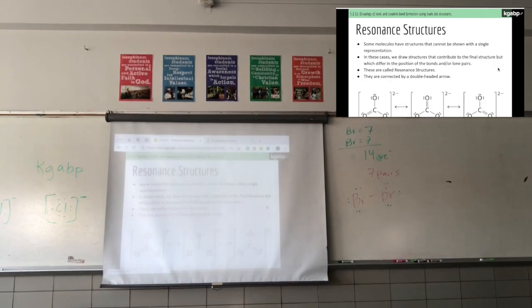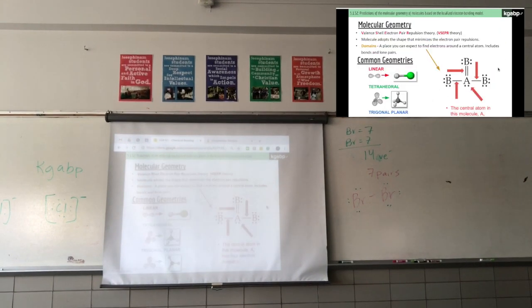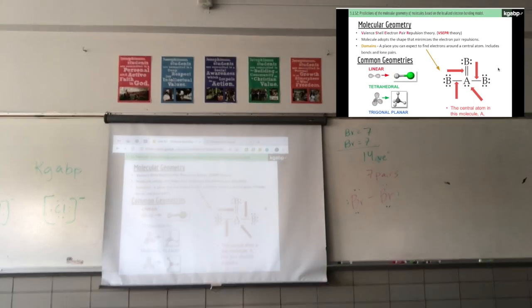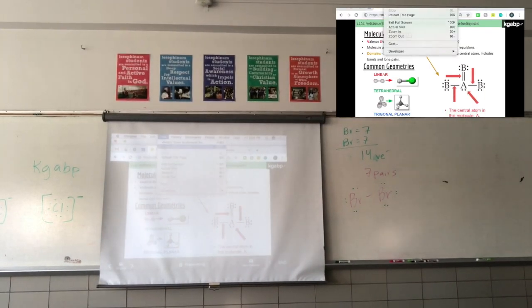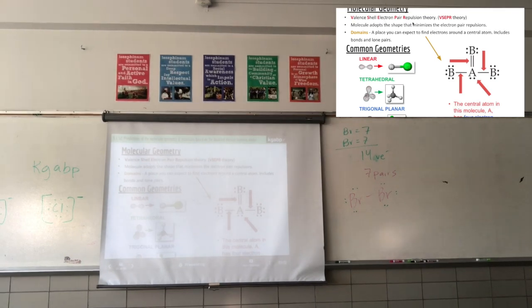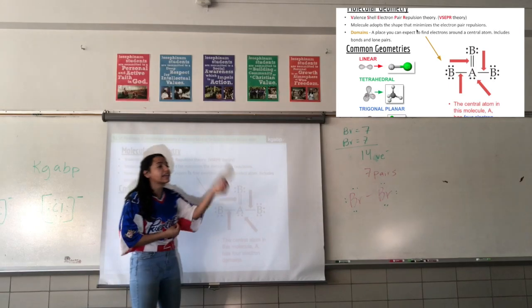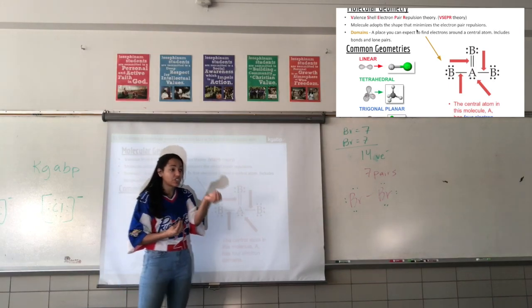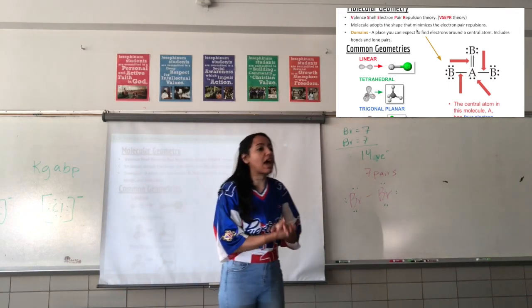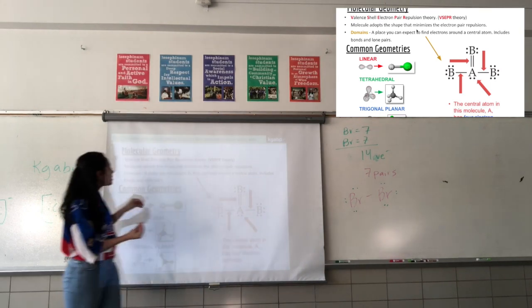All right, so moving on, you guys. We talked about Lewis dot structures. We went through all of that. I want to go over VSEPR theory, okay? VSEPR theory stands for valence shell electron pair repulsion theory. This is basically saying that molecules take a specific shape, and the shape depends on the number of domains they have.